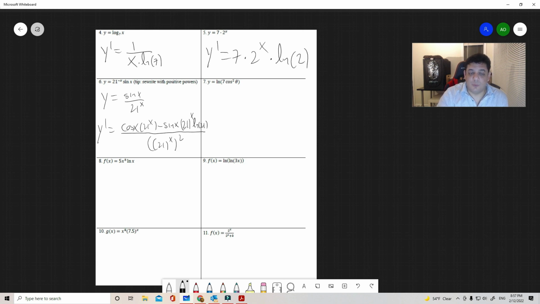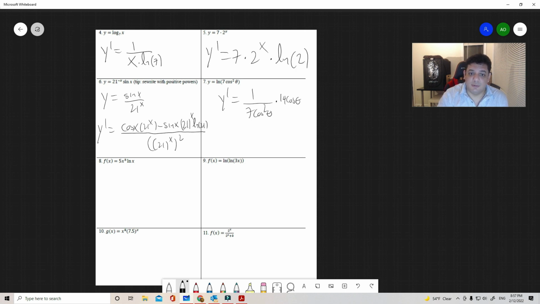In the case of y equals log of 7 cosine squared of theta, we can play it however we want. Let's just do it directly using chain rule. This is 1 over 7 cosine squared of theta times the derivative of this, which is 14 cosine of theta, and then the derivative of cosine of theta, which is minus sine of theta.